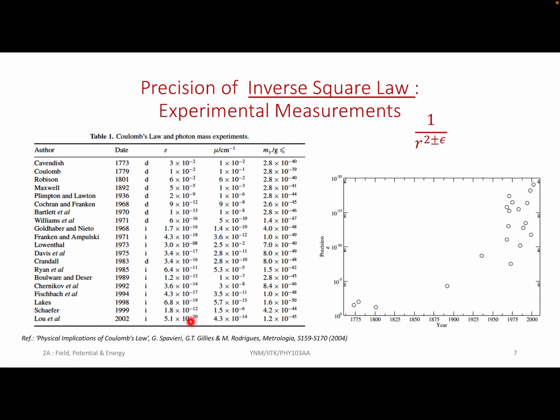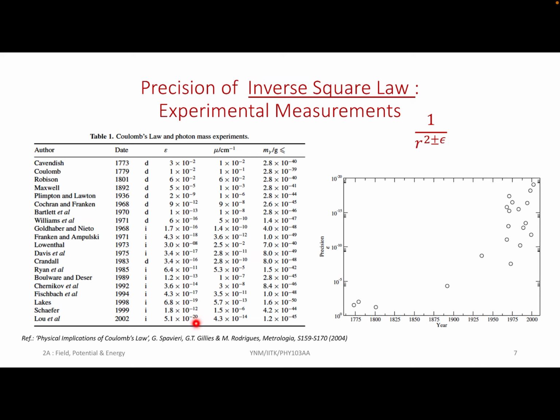And even beyond that, there are currently propositions to bring this lower. There are new experiments proposed which will bring the range of epsilon lower still. There are reasons to believe it would be exactly 2, but physics or science doesn't take it from that kind of belief. It has to be measured.